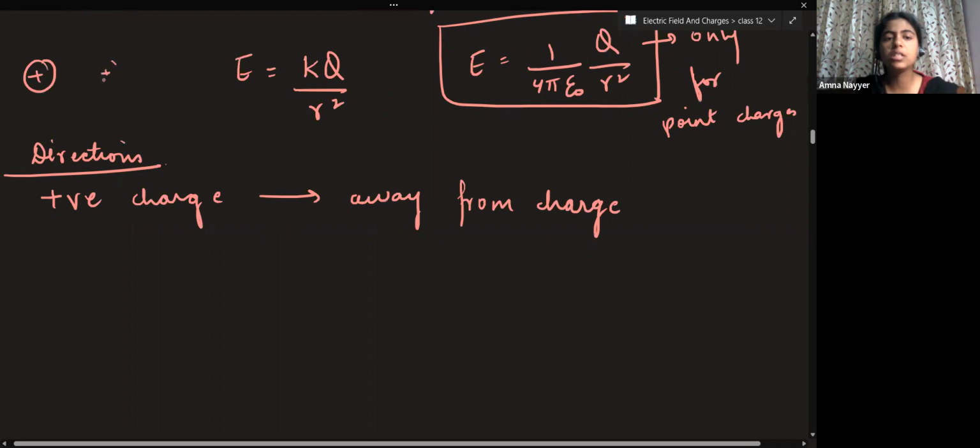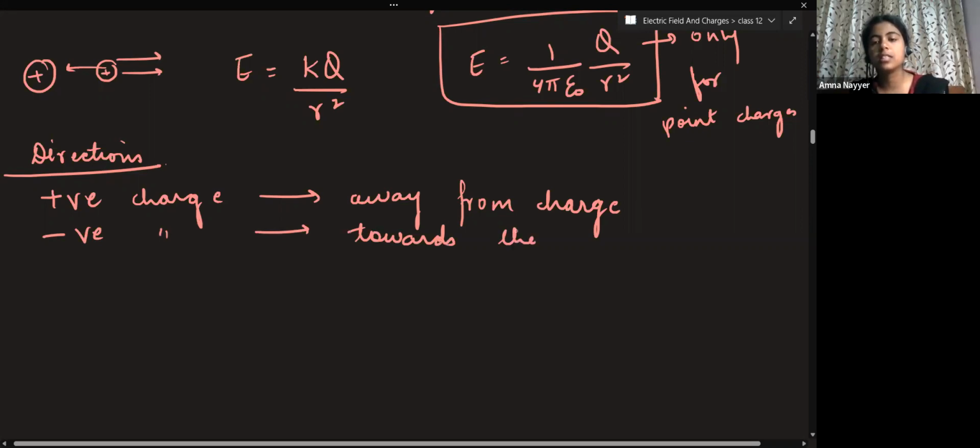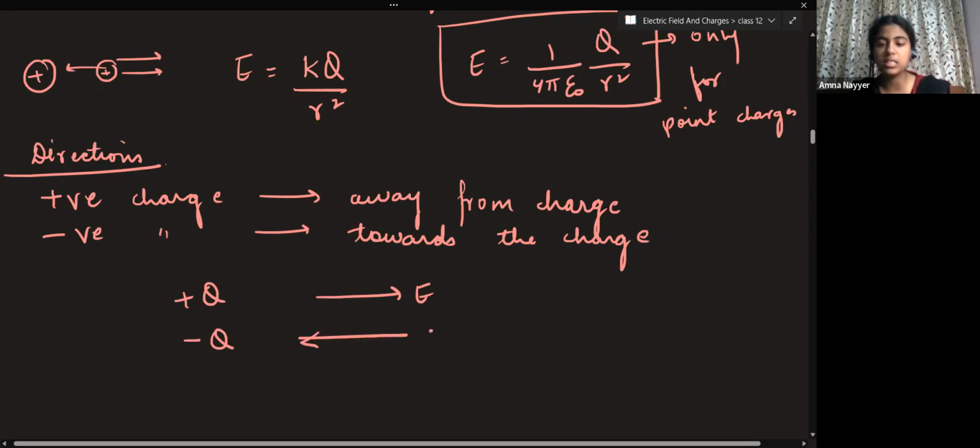Because if a positive test charge is kept, then it will move away. Similarly, if you keep a negative charge, then it will move towards the charge. So if you have a positive charge, electric field will be in this direction, away from it, and if you have a negative charge, then the direction of electric field will be towards this charge.